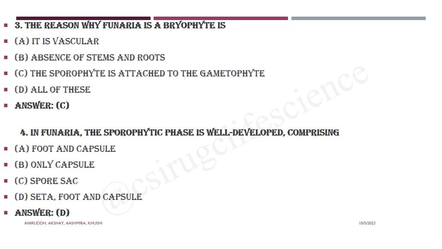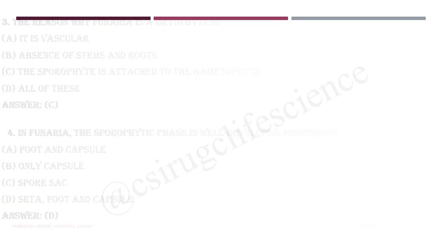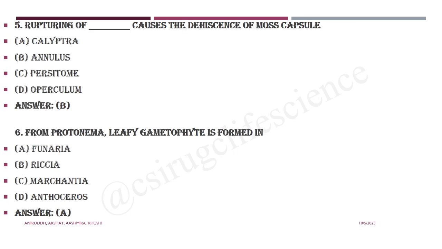Before seeing the answer, next, in Funaria, the sporophytic phase is well developed, comprising. Rupturing of dash causes the dehiscence of moss capsule. Try to give the answer yourself.